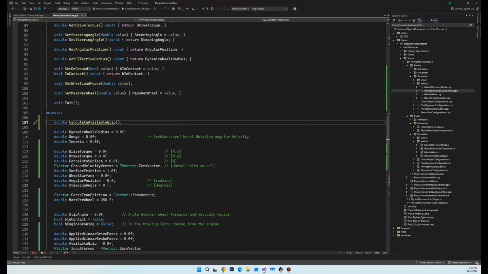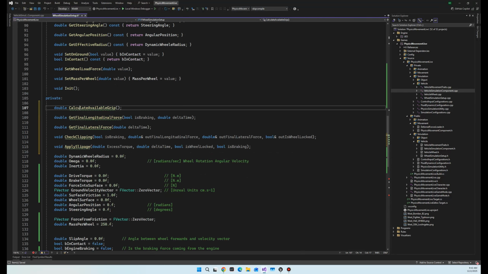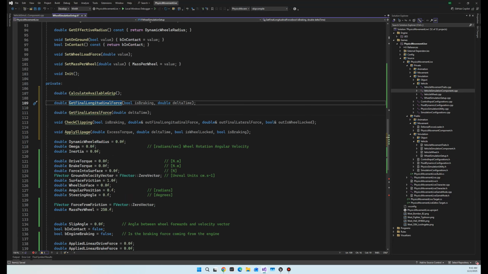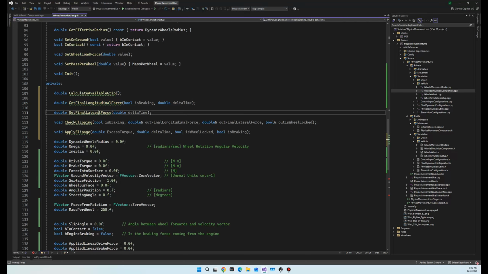So I'll just be bringing in all the functions that we need for this video. We'll be calculating the available grip, and again, we need to calculate that per tick. We'll be getting the final longitudinal force. This is the longitudinal forces on the wheel, which is going to get us to accelerate or decelerate. Lateral forces, these are the forces for keeping the vehicle from skidding.